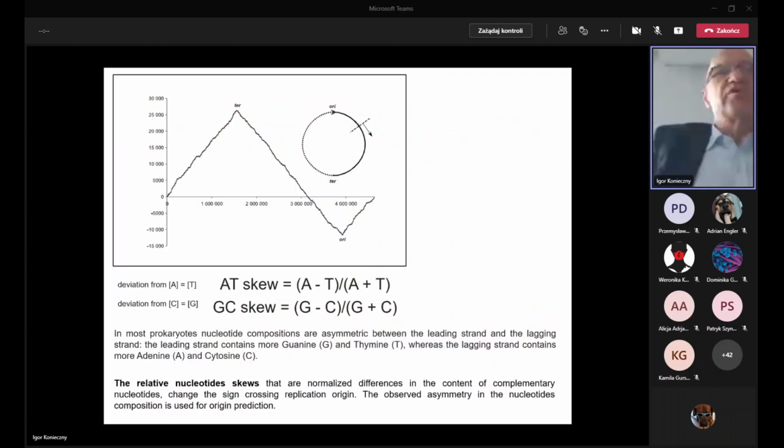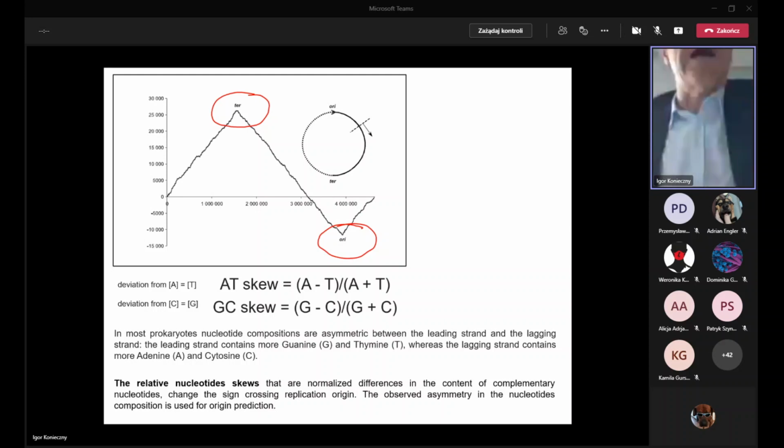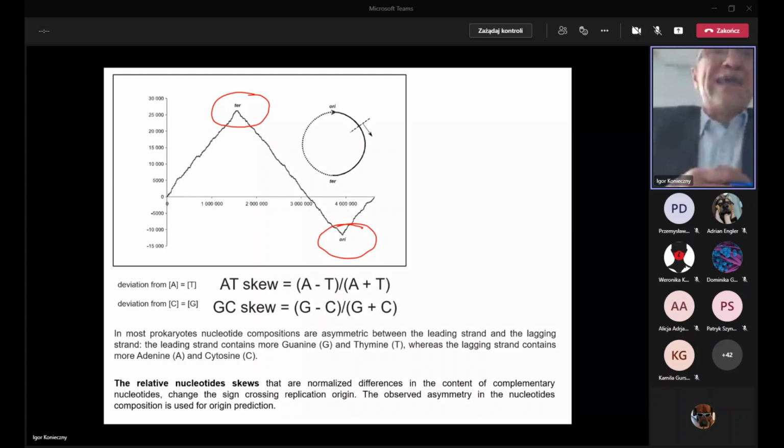And this distribution tells you where the termination site of DNA replication and origin of replication is. Because the termination and the DNA replication sites are these extremes with unequal distribution between A's and T's and G's and C's. And here you can see this deviation between the A's and T's and C's and G's.